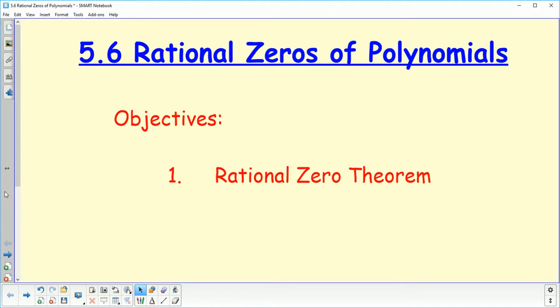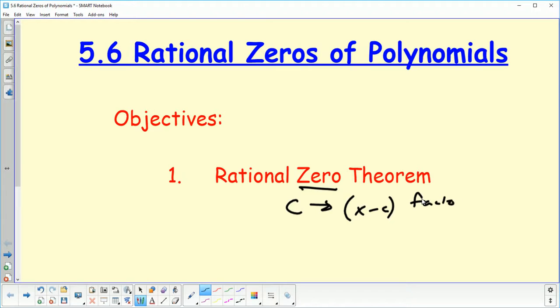So we have talked about now in 5.5 how to find zeros, which remember also mean x-intercepts, and based on the factor theorem, they're also going to tell us a factor. So a big thing as a quick reminder here: if some number c is a zero, then remember, x minus c is a factor.